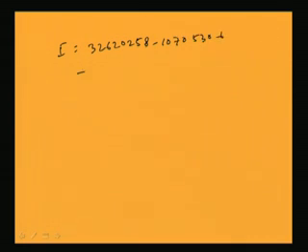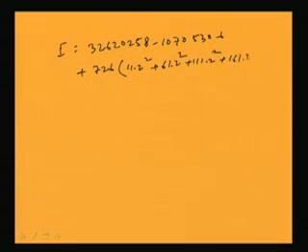That means, if I make it, it will become something like this: I is equal to 32620.258 minus 1070.5306 plus 726 into 11.2 square plus 61.2 square plus 111.2 square plus 161.2 square plus 211.2 square plus 261.2 square.